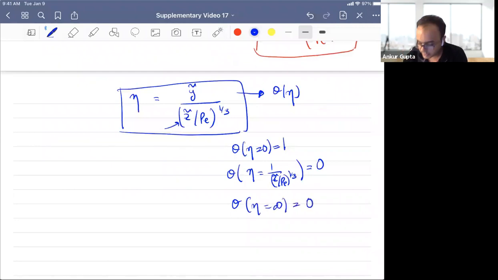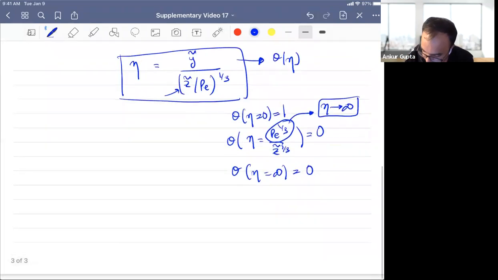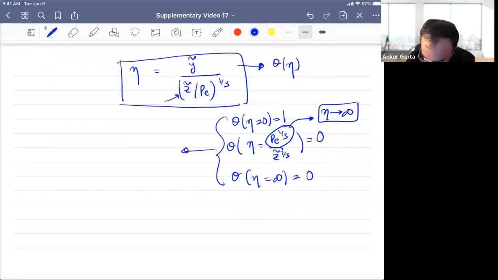The important portion here is that this value eta becomes Peclet to the power 1 by 3 by z tilde to the power 1 by 3. But because Peclet is much larger than 1, we can say this value is approaching infinity. And basically we can simplify this and say theta at eta equal to 0 is 1 and theta at eta equal to infinity is 0.